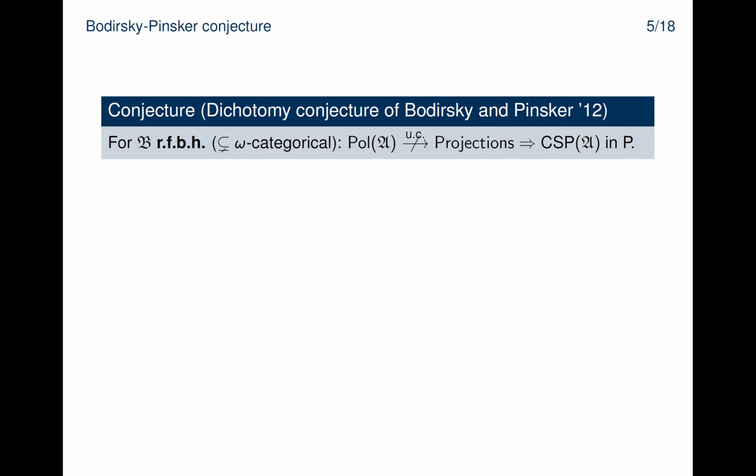And actually before this paper was published, Bodirsky and Pinsker made a dichotomy conjecture, which, if proved, would generalize the dichotomy theorem of Bulatov and Zhuk.